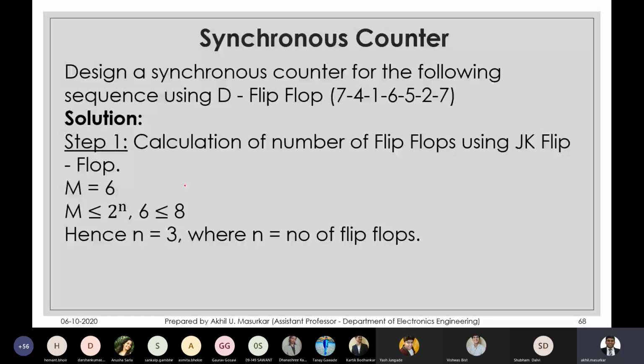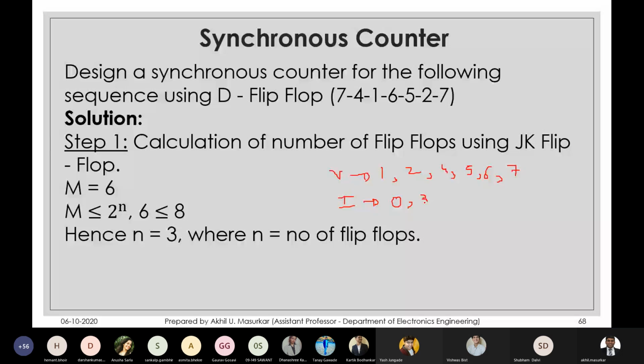Now, which will be the valid states and which will be the invalid states? The valid states will be 1, 2, 4, 5, 6, and 7. And my invalid states would be 0 and 3.